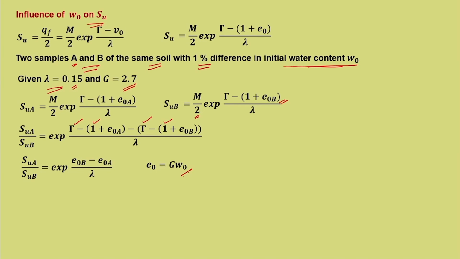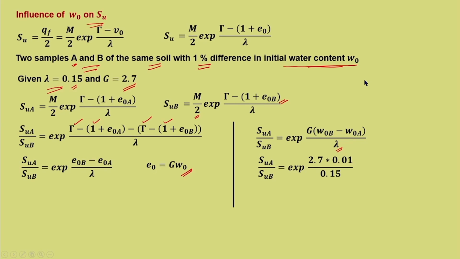We know E naught is equal to G into W naught. So, substituting for G into W naught, we have SUA upon SUB equal to exp of G into initial water content of B minus initial water content of A upon lambda. Substitute for G, that is 2.7, the difference in water content is 1%, so 0.01, and lambda is given as 0.15.